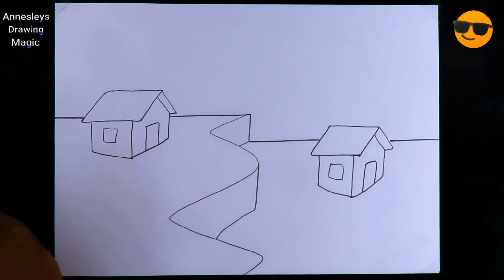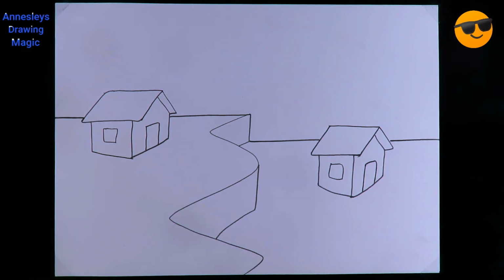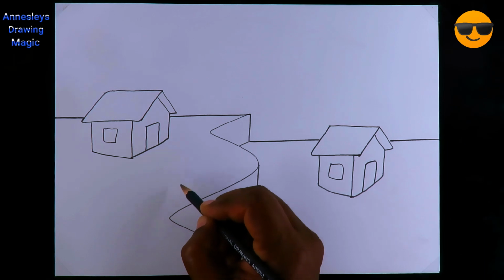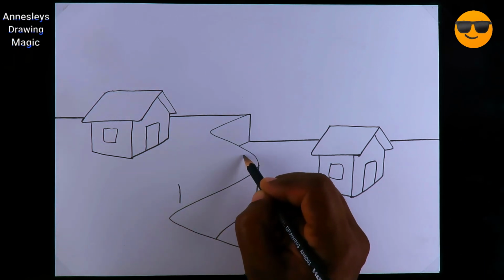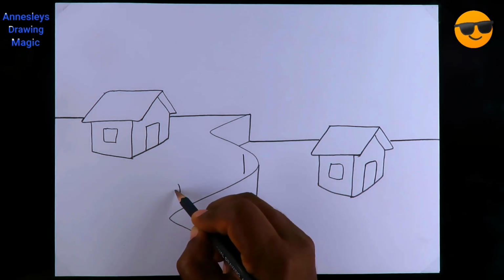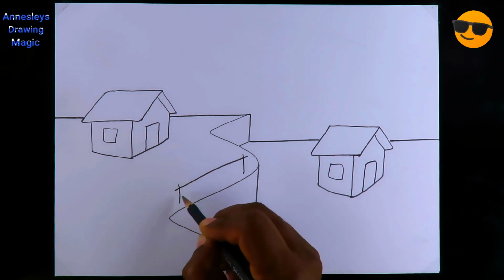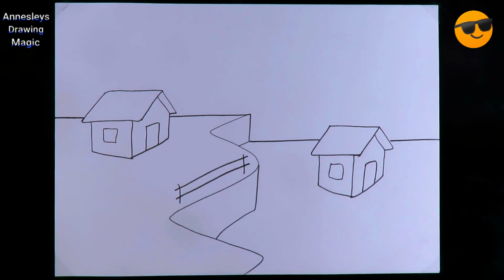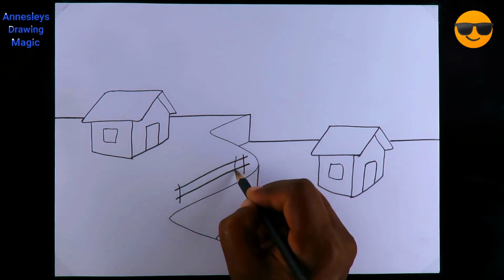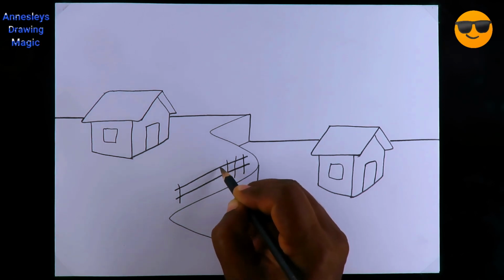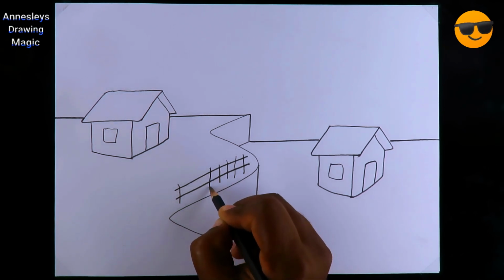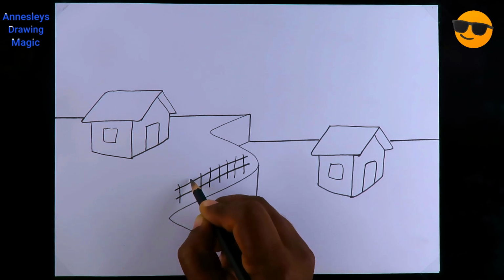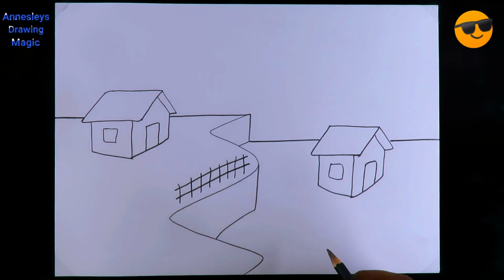It's okay. This, right. Now you can draw a fence here by drawing straight lines. This is your fence, right, it's beautiful.